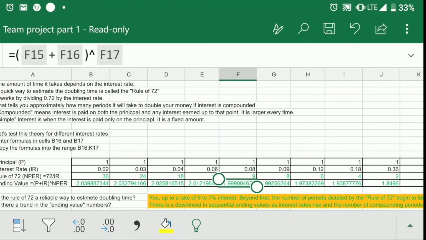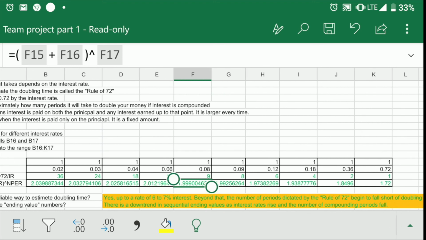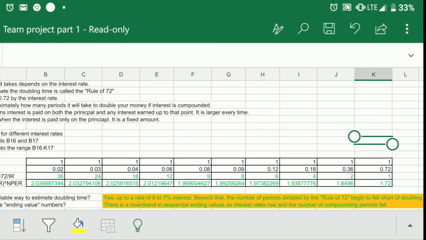You can see right over here, it's starting to fall short once you reach 8% interest and onward. The margins become larger and larger. The more interest you add, the more the formula seems to fall short of doubling.